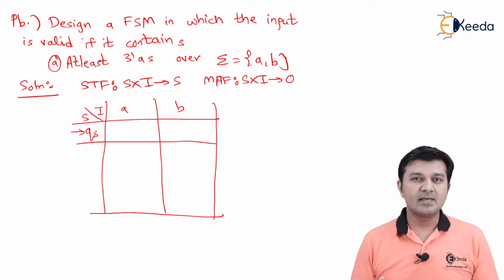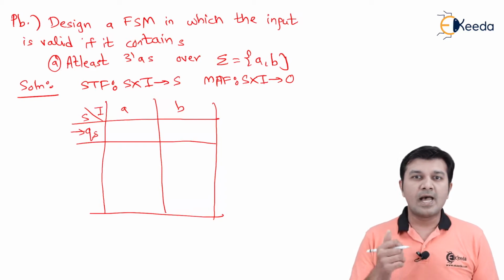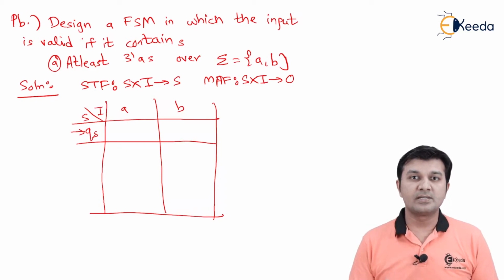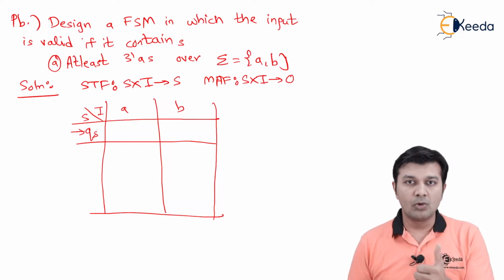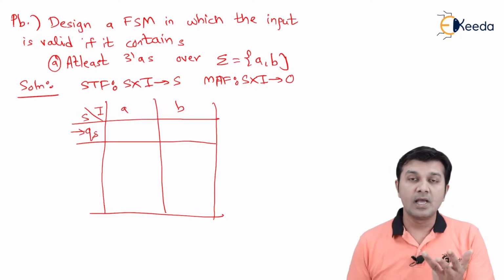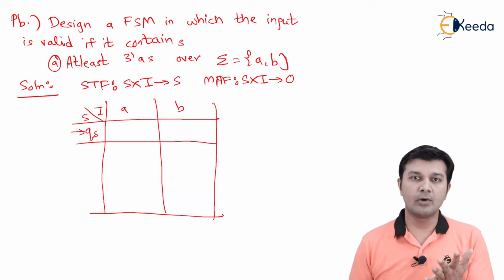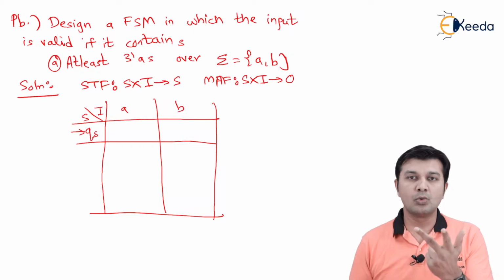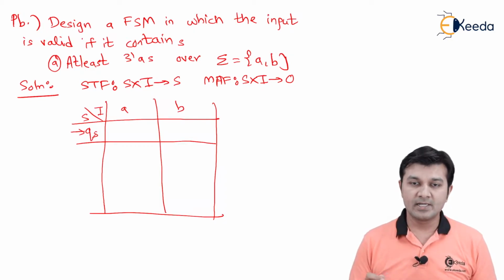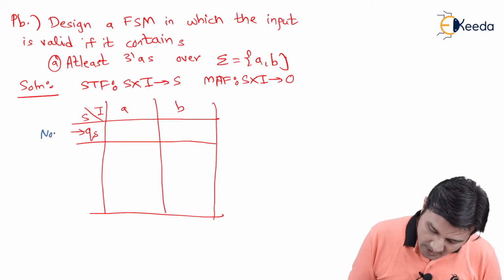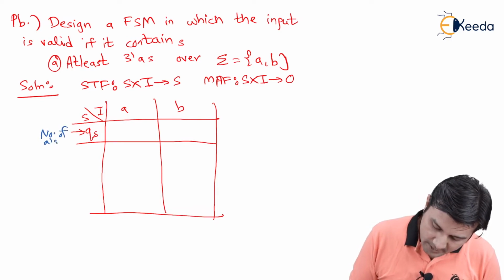So can I say for keeping a track, I'll be keeping a track of the states: number of A's as 0, number of A's 1, number of A's encountered 2, number of A's encountered 3, and number of A's encountered more than 3. Okay, so overall I'll be having these many states, 0, 1, 2, 3 and more than 3. So let's get started. I have my number of A's.